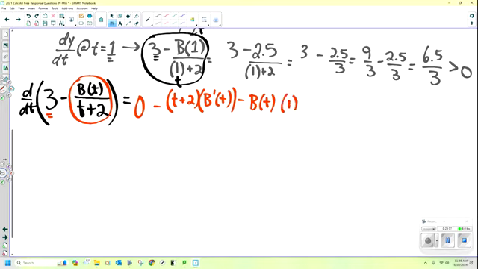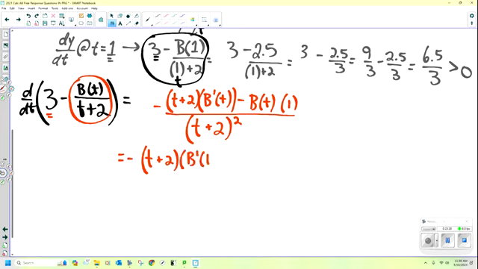I draw a line, and then I square below. Okay, let's clean this up. The 0 I don't need. So I'm really going to have t plus 2 times b prime of t minus b of t, all over t plus 2 squared, with a negative out front.